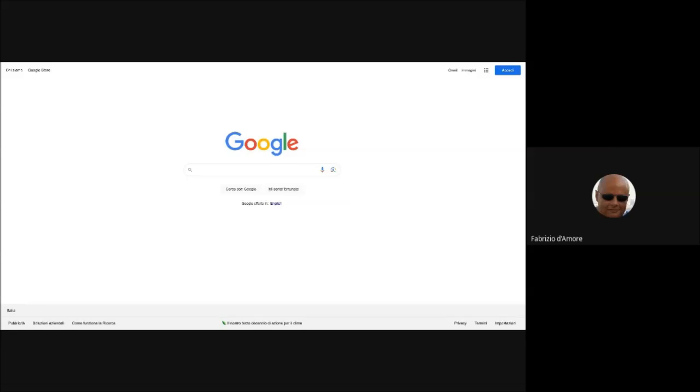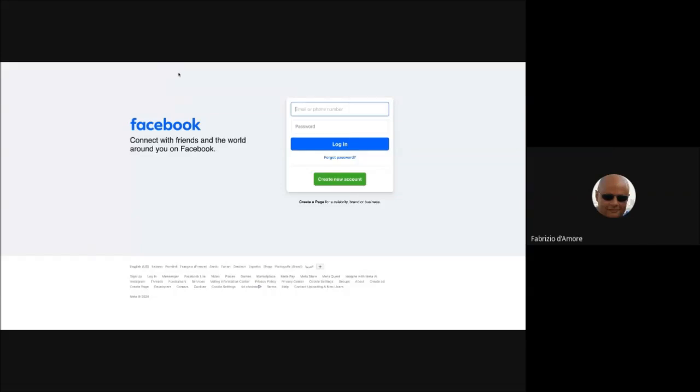This is the certificate for Google, but whatever website you are visiting, for instance Facebook, you can inspect again the digital certificate.